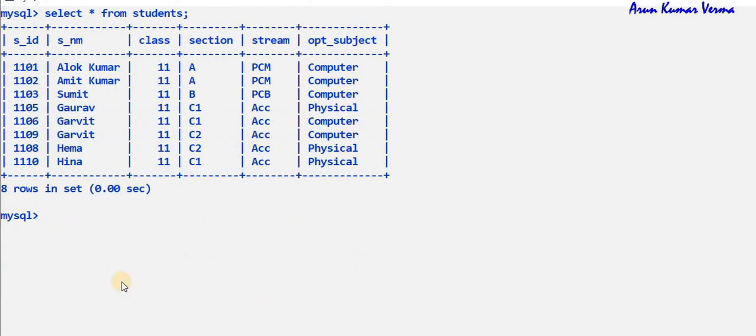Use select asterisk from students where section equals to C1 (there is no need to write the class because the class of all students is 11) and optional subject equals to physical.